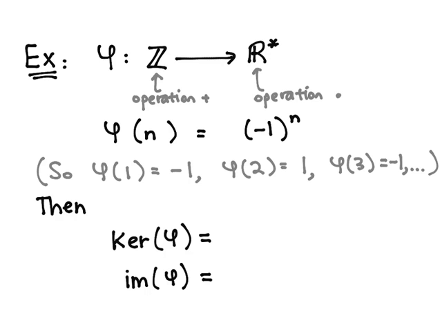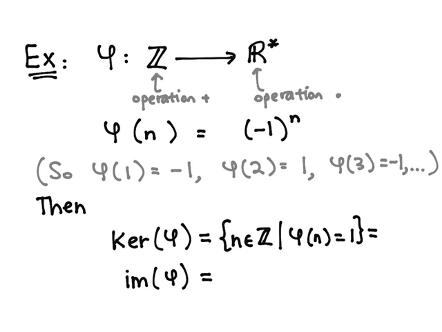So what are the kernel and image of this homomorphism phi? Well, the kernel consists of all elements of the domain, so all integers, that are sent to the identity element of R star. Now, what's the identity element of R star? The operation over there is multiplication, and so its identity element is 1.